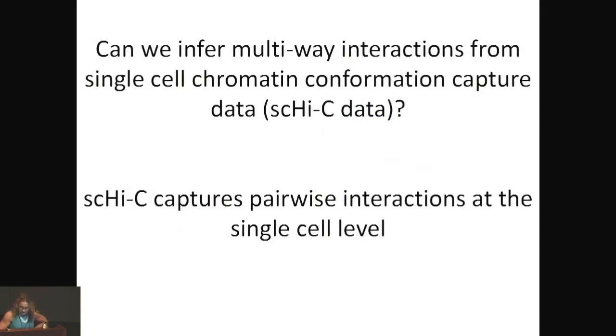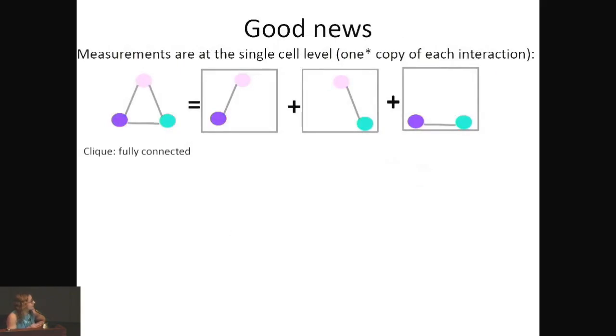So initially, you might think, if I'm asking whether these 3 loci are interacting, if I see all 3 pairwise interactions, then they must be interacting. This is what I would call a multi-way interaction. We have all the pairwise interactions, so the whole structure must be interacting together. In network terminology, you might think of this as a clique, where the graph or subgraph is fully connected.